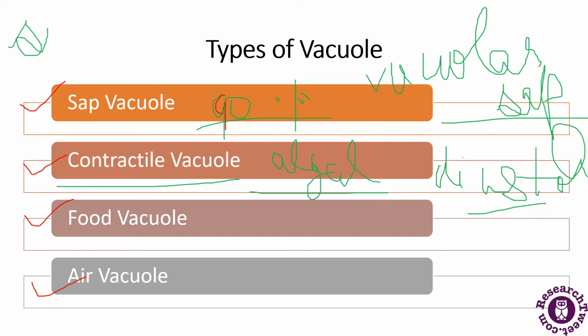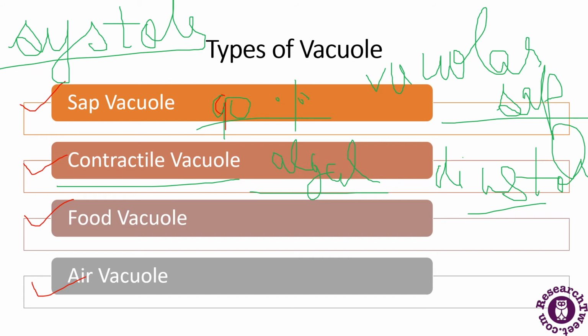Collapsing here is called systole. This throws the vacuolar contents to the outside. What is the function here? It helps in osmoregulation and excretion. This is the main function of a contractile vacuole.